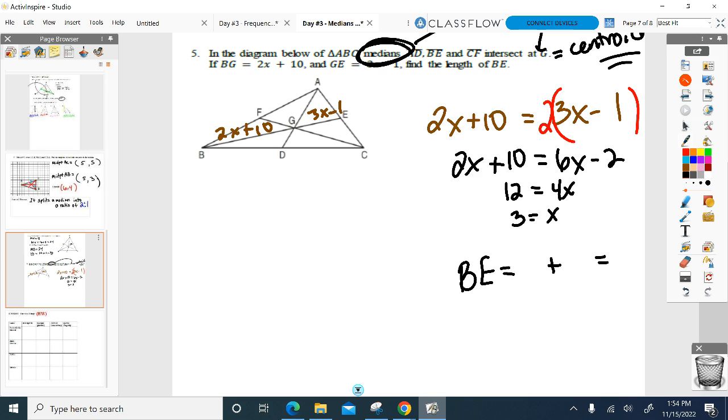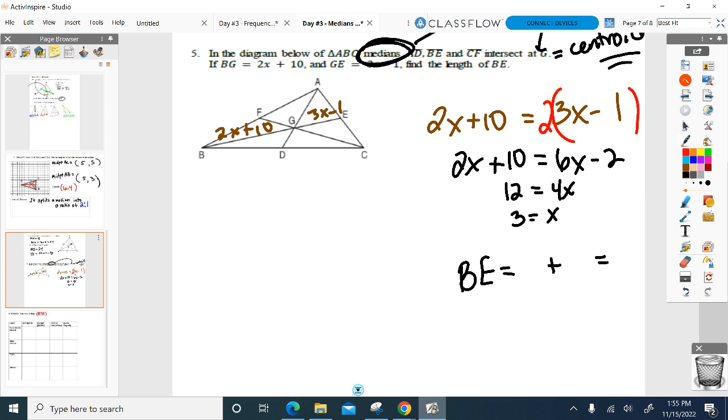When you're ready, let me know what BE is. 104? Is that what you said? What'd you get for x? 19. Okay, where did that come from? Did we start with the same equation? Oh no, I copied that backwards. My bad. Well, we just said we can't double the 2 part.